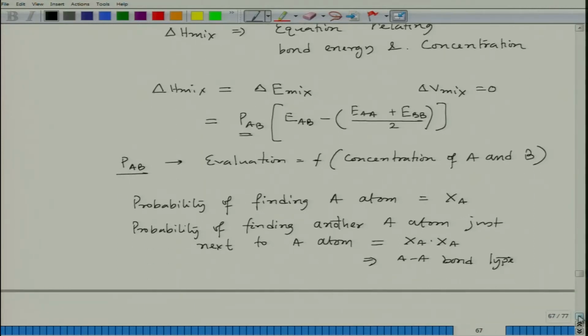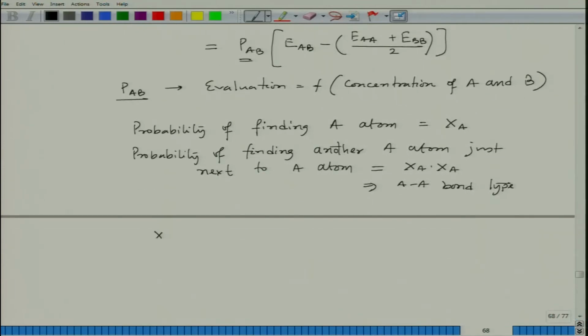And remember, here Xa is equal to Na by N0, since we have considered in the beginning that Na number of A atom and Nb number of B atom are joined together or mixed together, and that time this combination of these two gives us Avogadro number of atoms. That means we are forming 1 mole of mixture or solution.